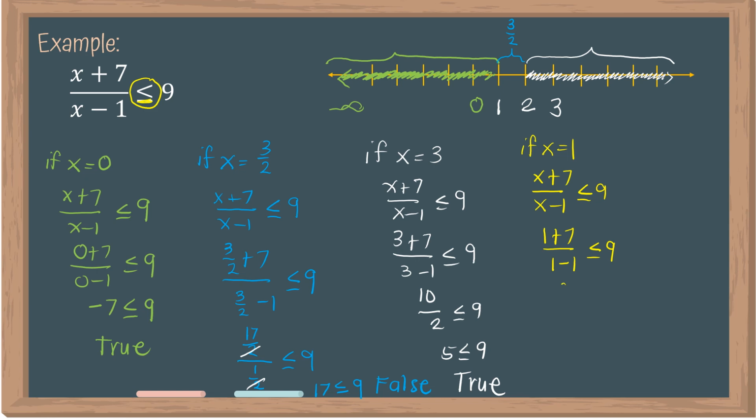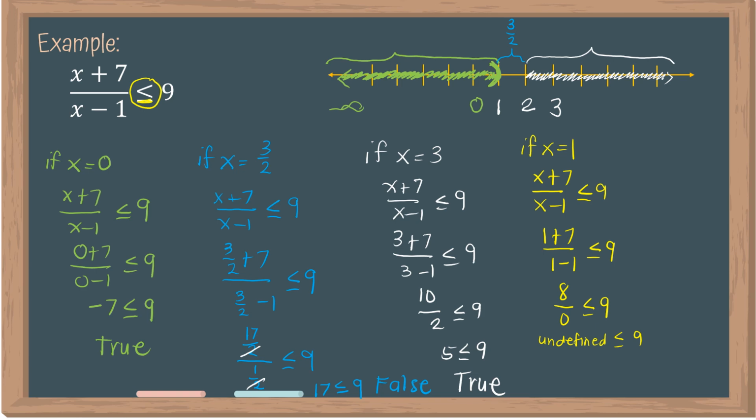So, 1 + 7 will be 8 over 0 ≤ 9. So, yung division natin by 0, alam natin na that will be undefined. Okay? So, dahil undefined siya, ibig sabihin, hindi niya na-satisfy yung ating inequality. Therefore, we can say na yung ating critical value na 1 is not included as a solution to our inequality. So, dahil hindi siya included, ang gagamitin nating symbol dito is parenthesis.